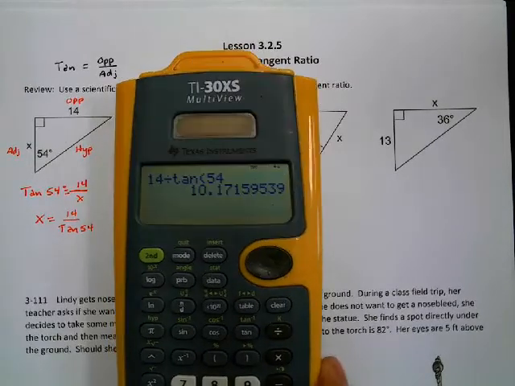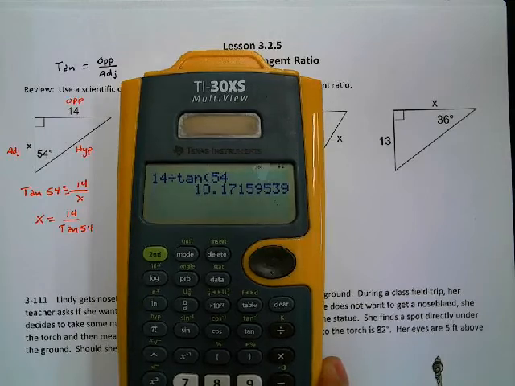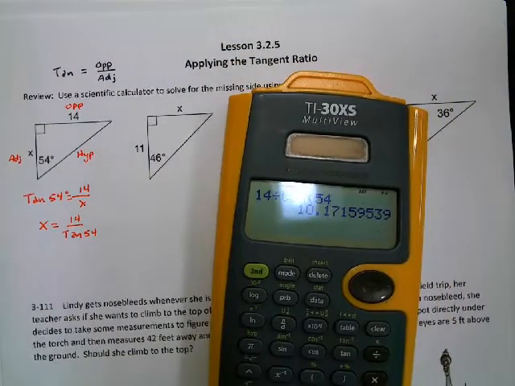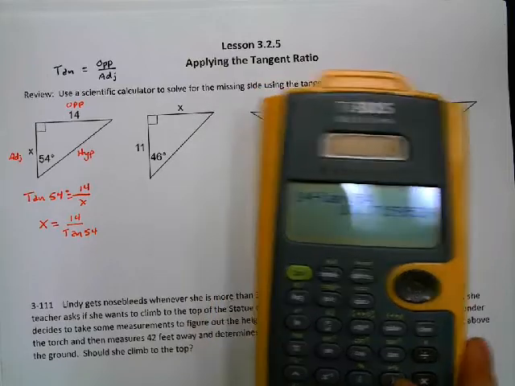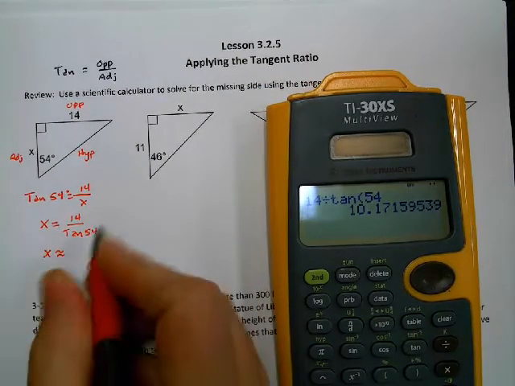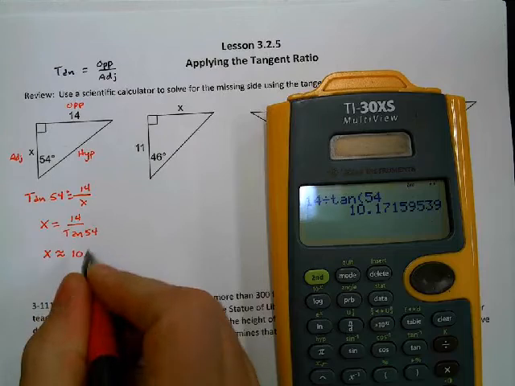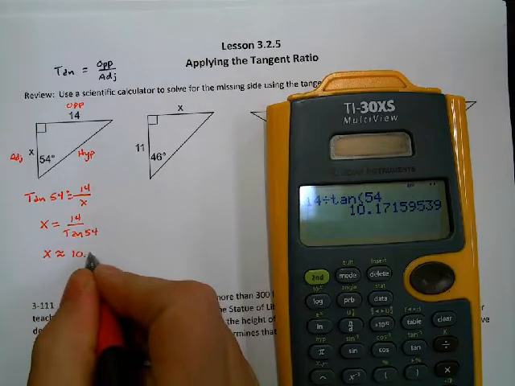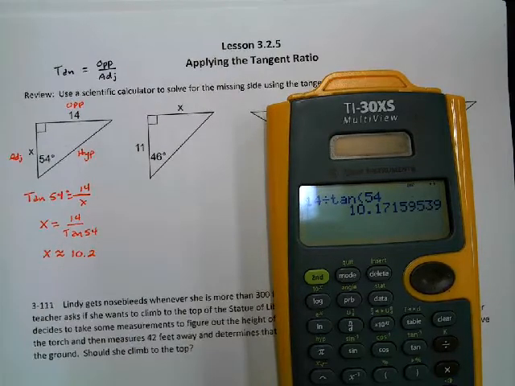Comes out to 10.17159539, and so on and so forth. We usually round this to the nearest tenth or so. So I'm going to call that 10.2. That looks good.